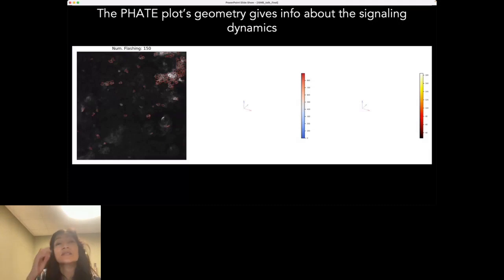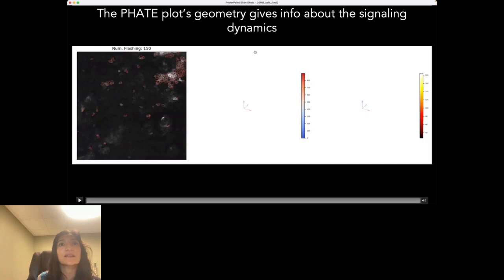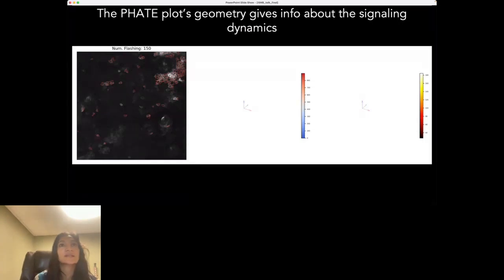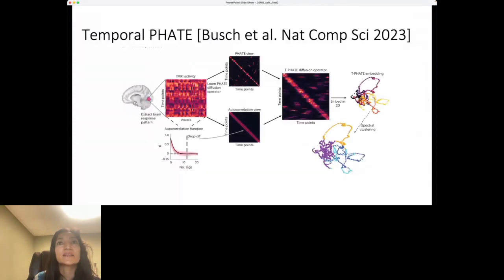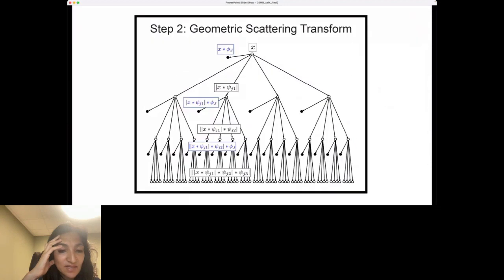No, so there are a few things at play here. I have to go a little bit into how we're processing each time point. To process each time point, we're using something called the geometric scattering transform. The geometric scattering transform gives you node level representations that are then aggregated into a graph level representation, and I have better pictures of that somewhere.